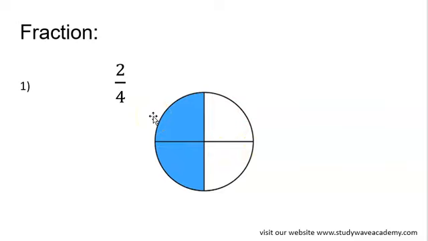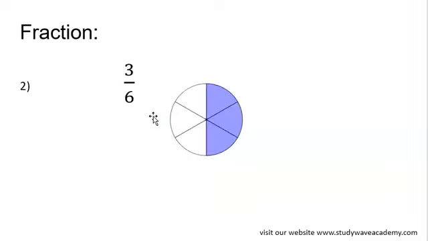We have done so many examples, right? Good, for us to understand better. Okay, let's go over to another example. Here we have a circle, and how many parts is our circle divided into? 1, 2, 3, 4, 5, 6. Okay, and how many parts are shaded? Let's count. 1, 2, 3.